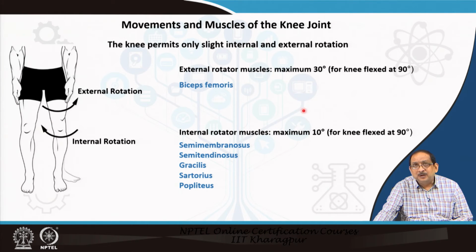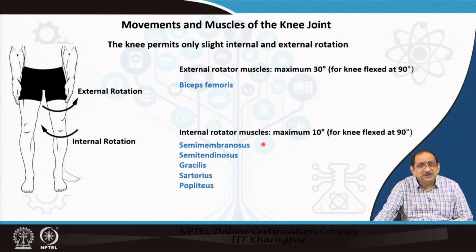So, this maximum range of motion, 30 degrees for external rotation and 10 degrees for internal rotation, corresponds to the condition that the knee is flexed at 90 degrees.